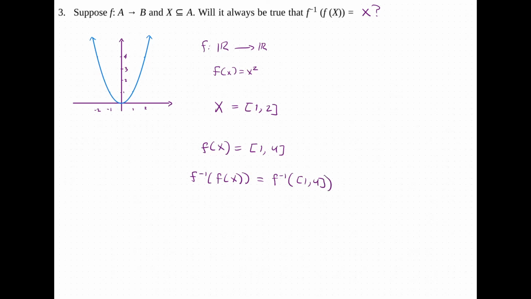And so now we're looking at all those inputs that map to 1 and 4. But we have already seen that that corresponds to {-2, -1} union {1, 2}. And this is most definitely not equal to {1, 2}. So we see that this statement is false.